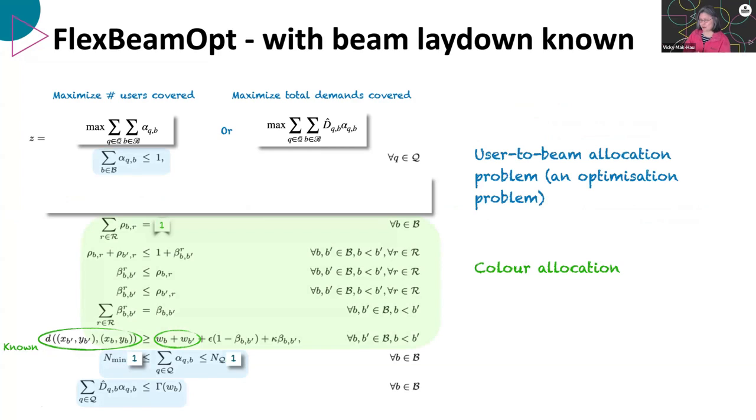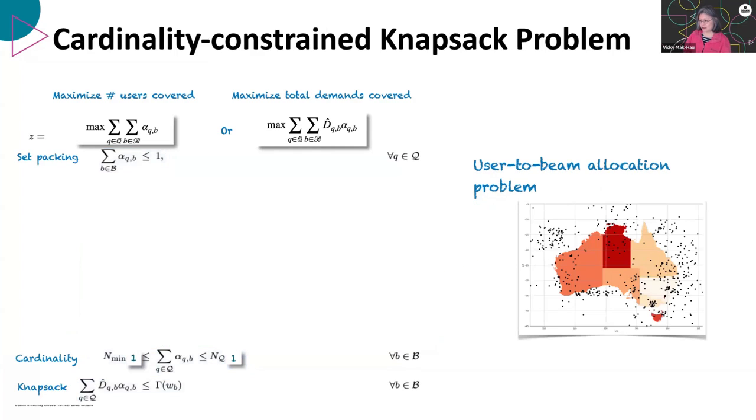The blue problem is the user to beam allocation problem, and it is an optimization problem, because we do have the decision variables in the objective function. The green problem does not have the decision variable in the objective function, and is not really related to any of the other constraints in here. So it is actually just a constraint programming problem, really a coloring problem.